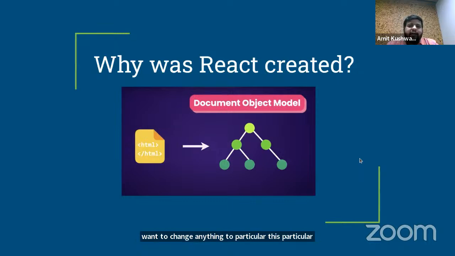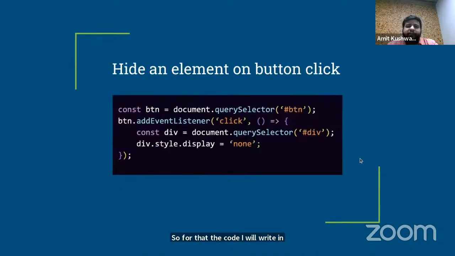For that, the code I will write in vanilla JavaScript is quite cumbersome, and it's not easily manageable, because first I need to query for that particular button. Let's say I want to hide an element whenever we click a button. I need to first find that button and query for it.